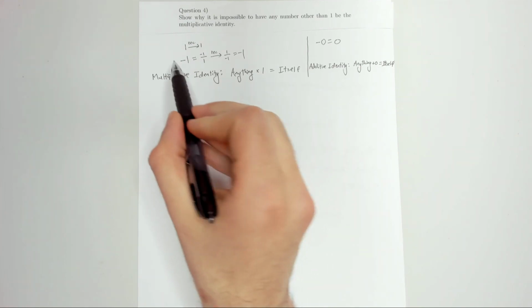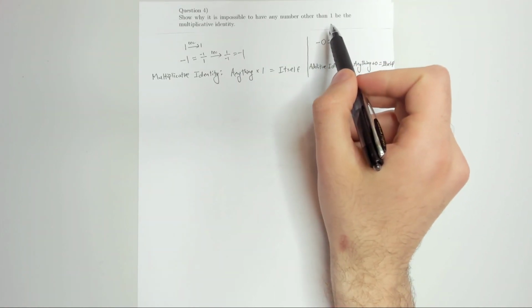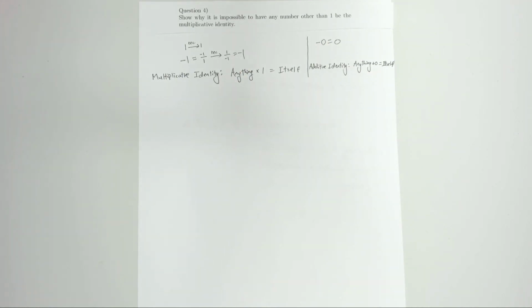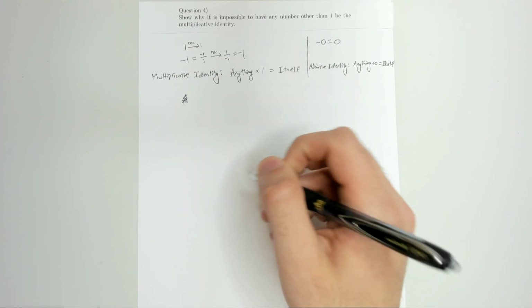But now that we have that in mind, how can we use this property of the multiplicative identity to actually establish that it's impossible to have any number other than 1 have this property, where anything times 1 is itself? Let's say, for example, we took something that wasn't 1. So let's say 2.